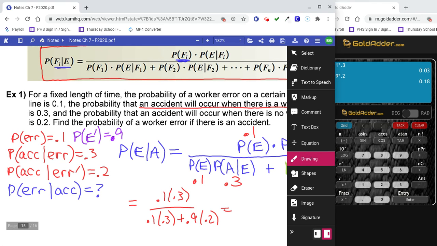So I've got 0.03 over 0.03 plus 0.18. That's 0.21.